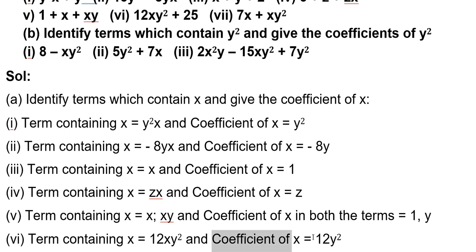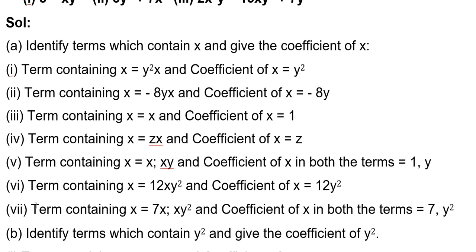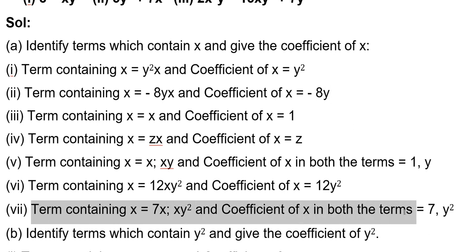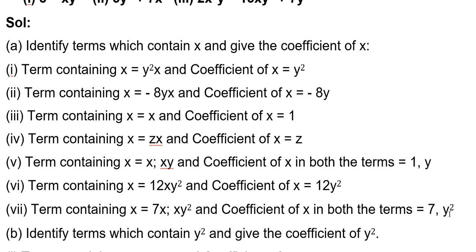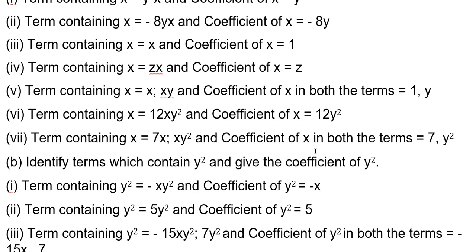The coefficient of x is 12y square. And last, 7x plus xy square. This is also two terms. The terms containing x are 7x, xy square. The coefficient of x in both terms is 7, y square. Now B problem.